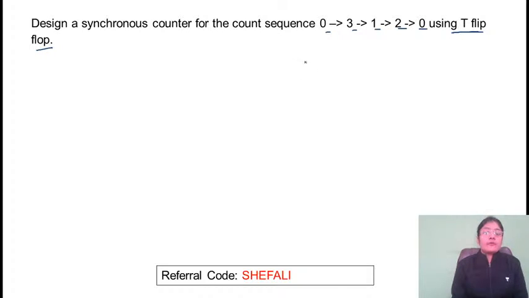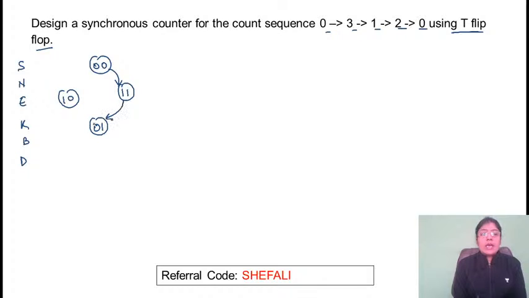First of all, you have to come up with the state diagram. 0, 3, 1, and then 2. On the basis of this, now you have to come up with the next state.